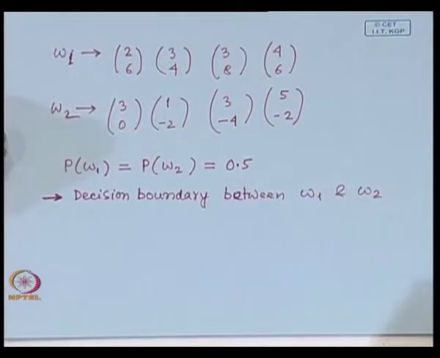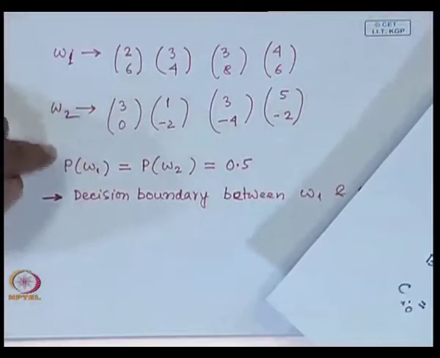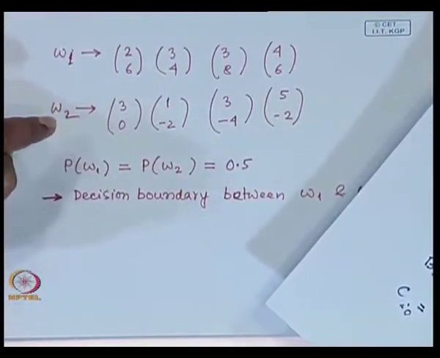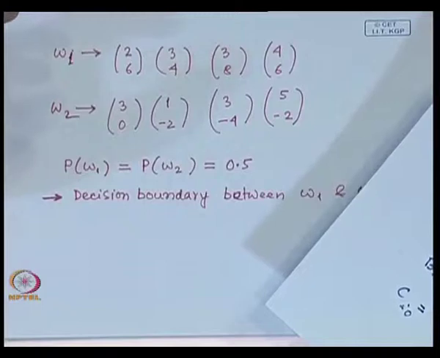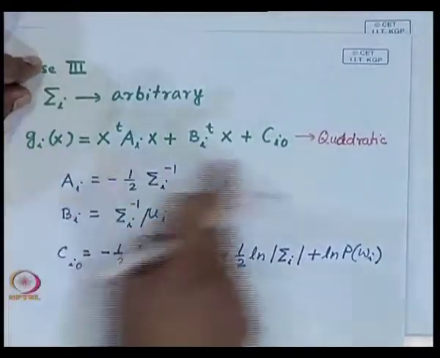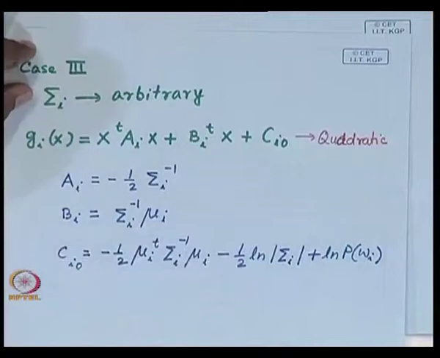To find the decision boundary, I have to find the discriminant functions for the two classes omega 1 and omega 2, and then subtract them and equate that to 0. Or in general, because I have to compute sigma i, that is the covariance matrix, for independent classes, and I do not know the nature of sigma i, I can make use of this general expression and go ahead with it, assuming that my surface will be quadratic. In case the surface is not quadratic, all the quadratic terms will get cancelled.